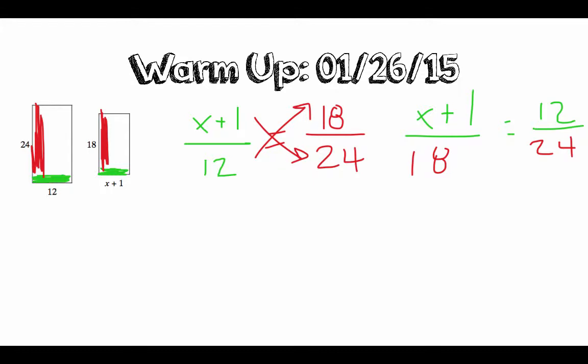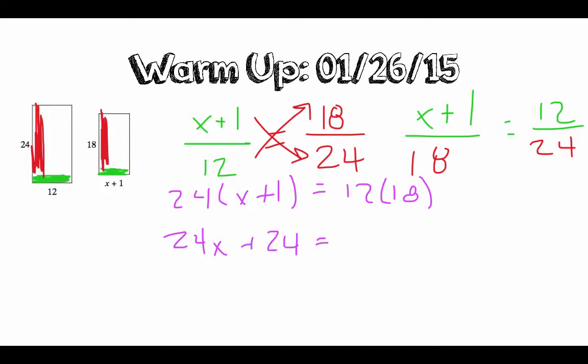All right, so when we do this, it's that distributive property again. 24 times x plus 1 equals 12 times 18, so 24x plus 24 equals 216.